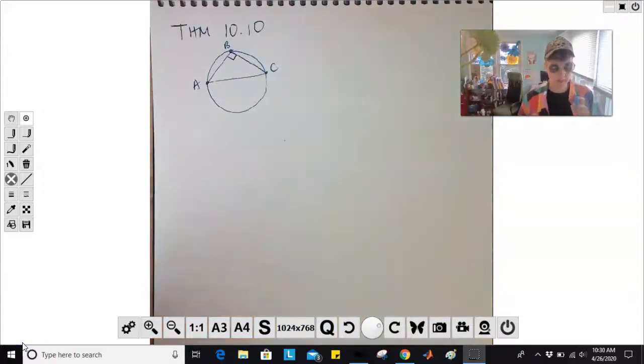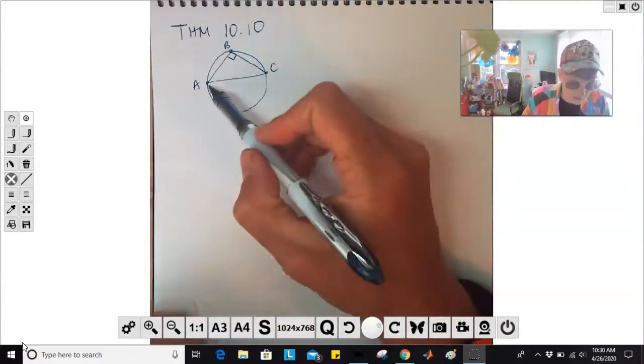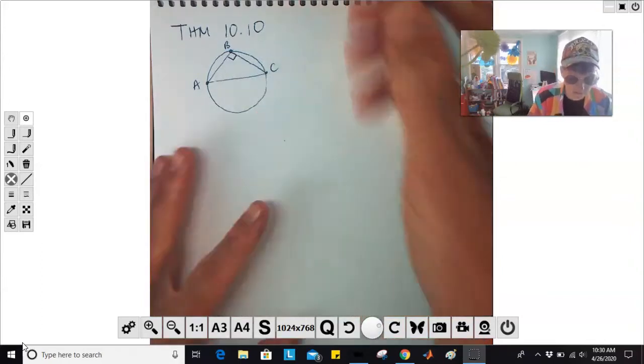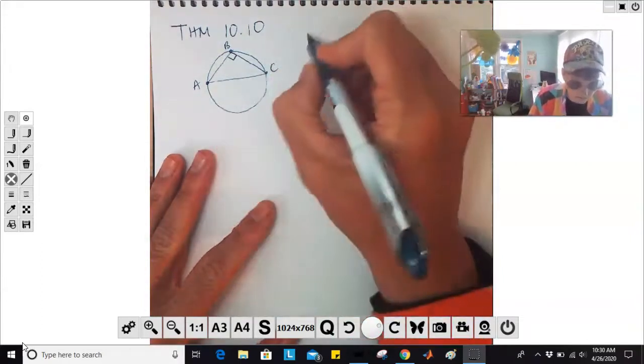All right, this theorem 10.10 has an inscribed triangle. Not just an inscribed angle, it's got an inscribed triangle, meaning all of the vertices are on the circle. Let's just define that real quick.